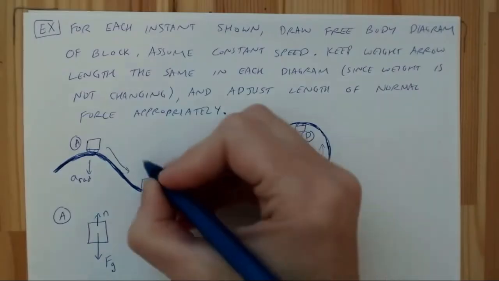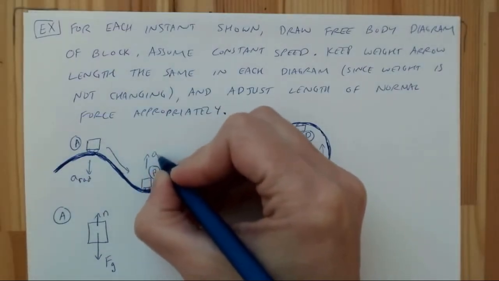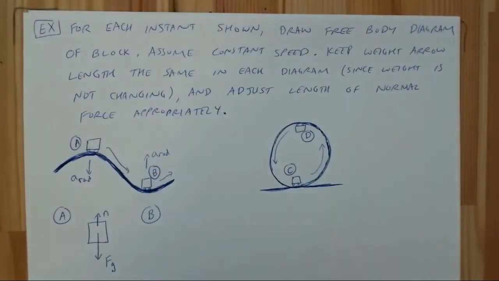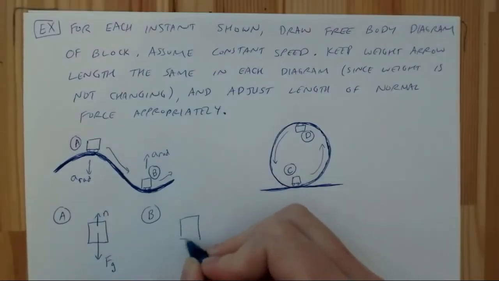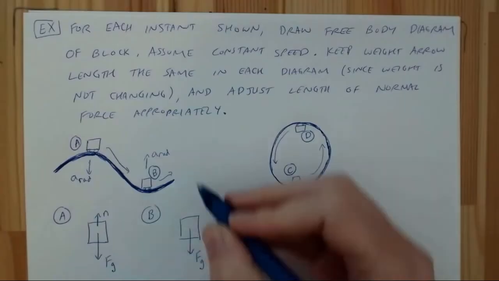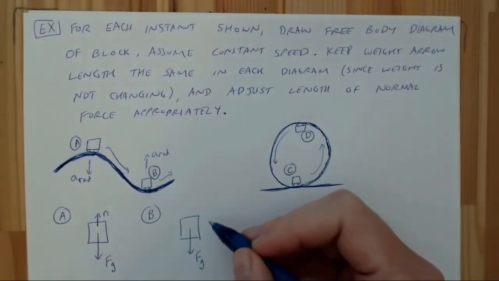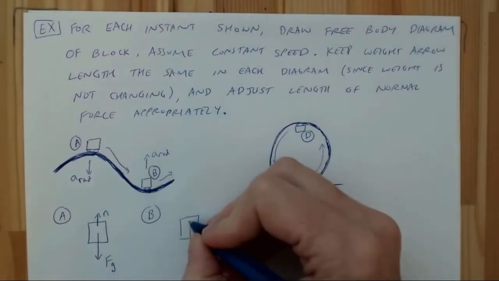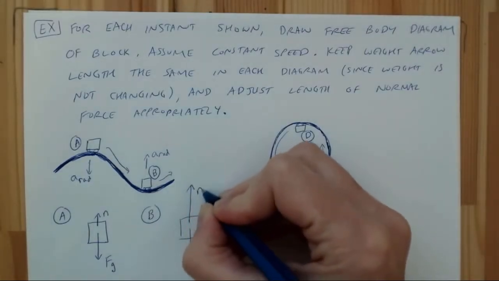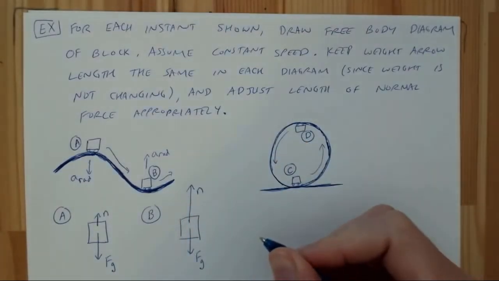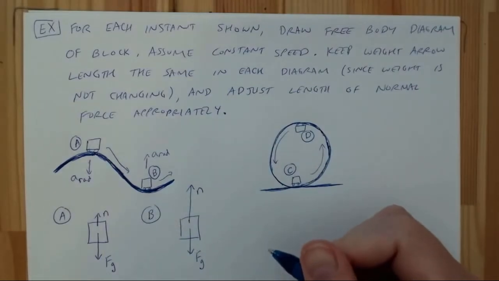For case B, the radial acceleration is upward, and so if we have this same weight arrow, we know that the net force has to be up because that's the direction of our centripetal acceleration. So that tells us then that our normal force has to be bigger than our weight.